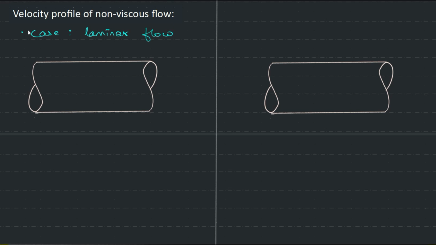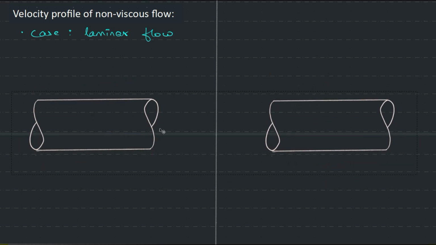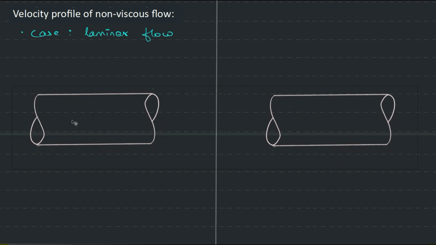The pipes here are with friction, so they have bumps and all of that, but it's non-viscous. If I zoom in, there are bumps and everything. Pipe has friction.